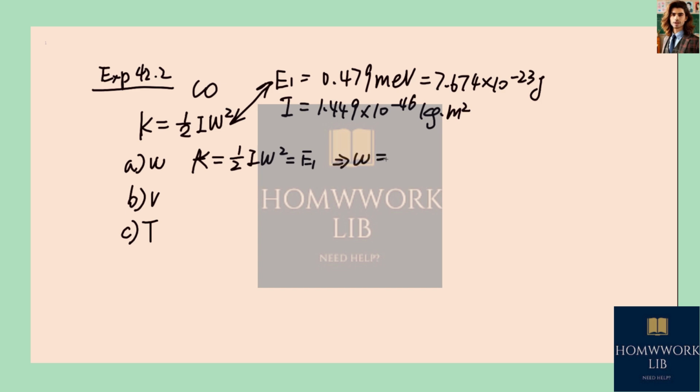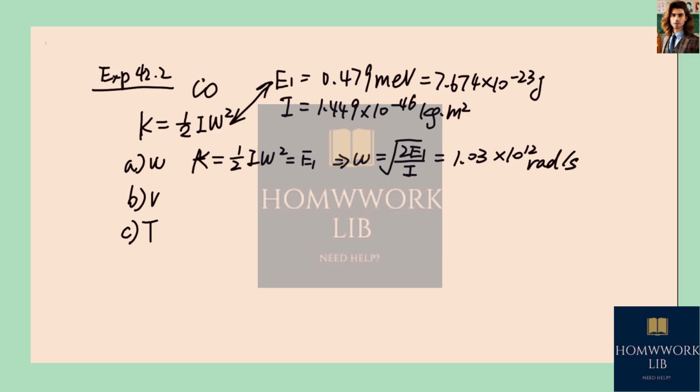So omega equals the square root of 2 times E1 over I. Putting in E1 and I, we find this to be equal to 1.3 times 10 to the 12th radian per second.